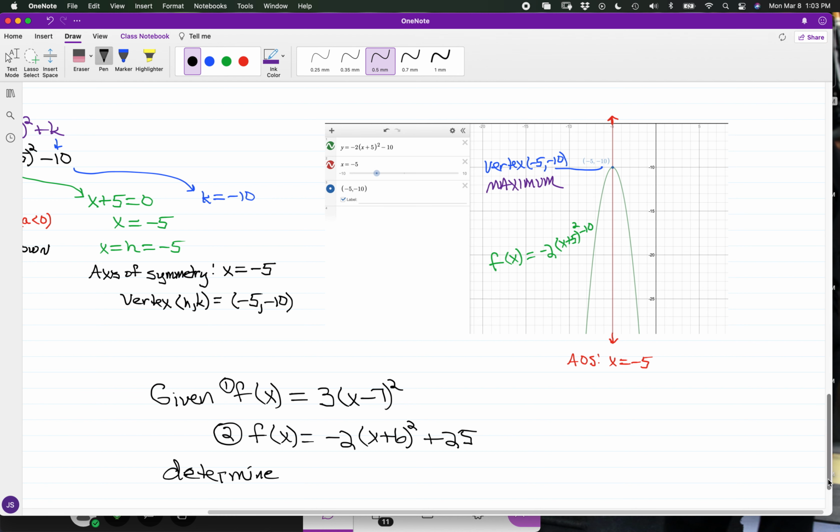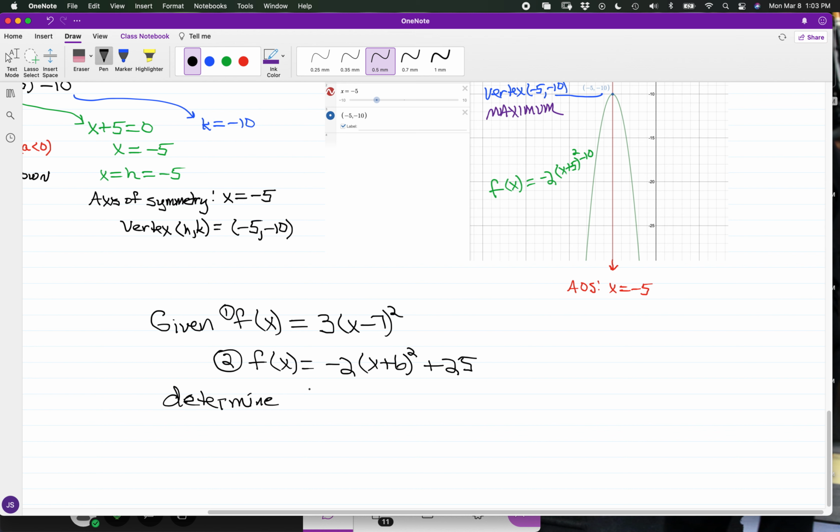Let's see what we get for the following: the direction f of x opens, and then the axis of symmetry, and then the vertex.